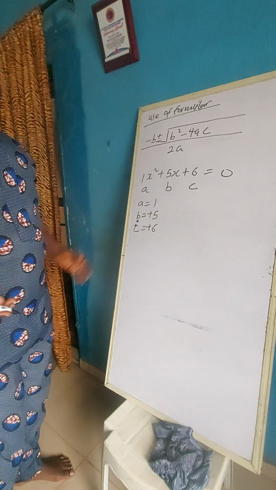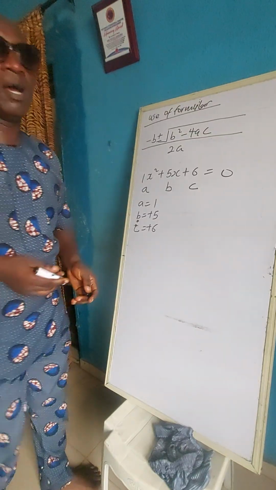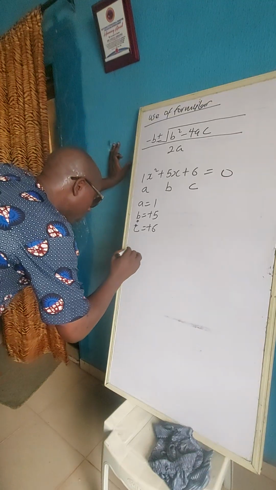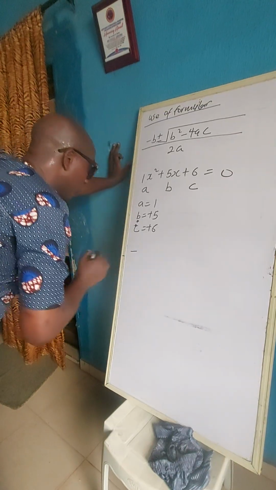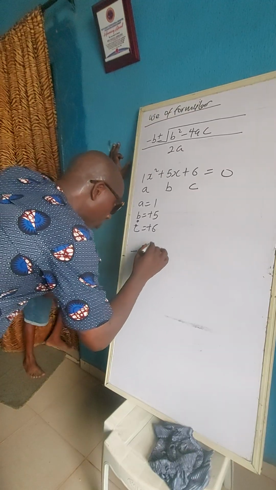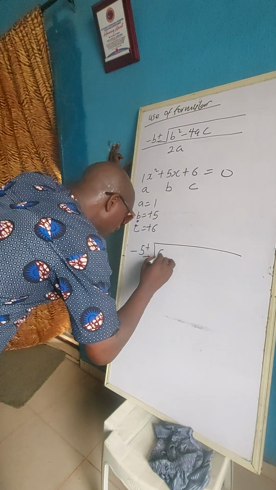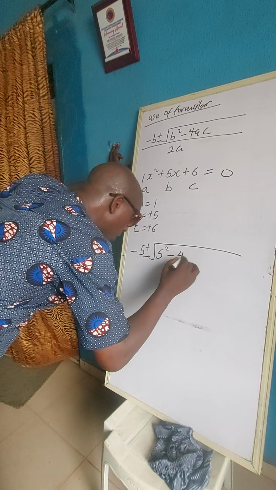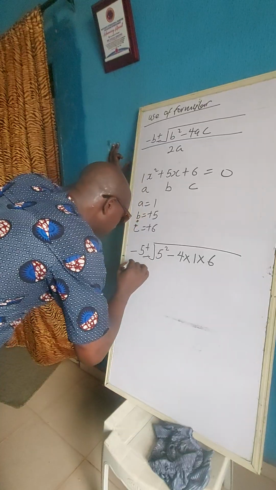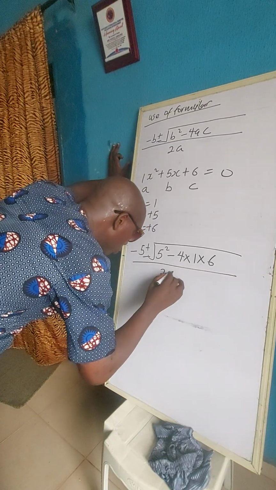Now, when I'm slotting into the formula, minus b is minus 5, plus or minus square root 5 squared minus 4 times a, which is 1, times 6, which is c, all over 2 times 1.